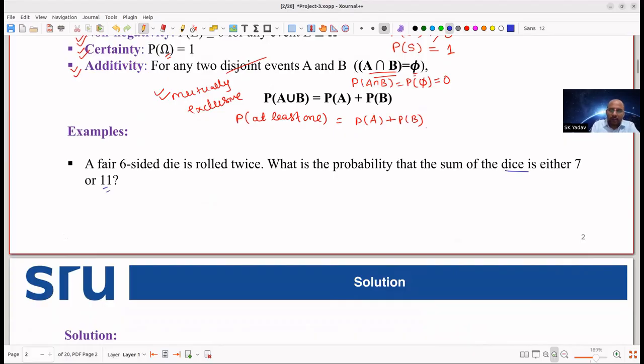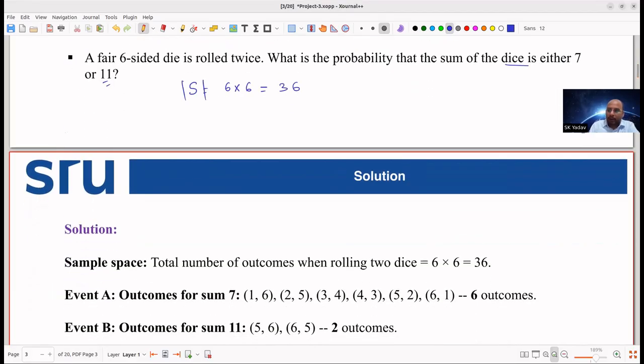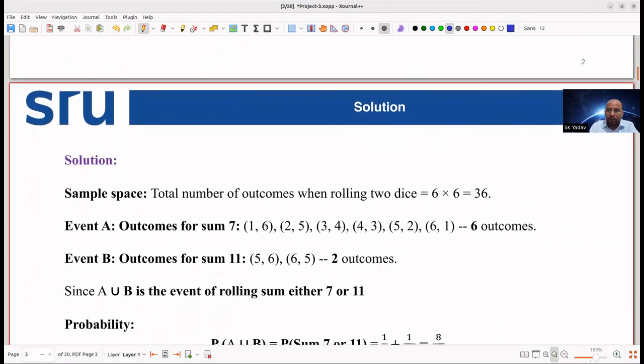You can clearly see what the sample space is. It consists of 36 outcomes, that is, 6 outcomes on the first die times 6 outcomes on the second die equals 36 outcomes in total. If you write the sample space, you have a structure of outcomes, which you can check.